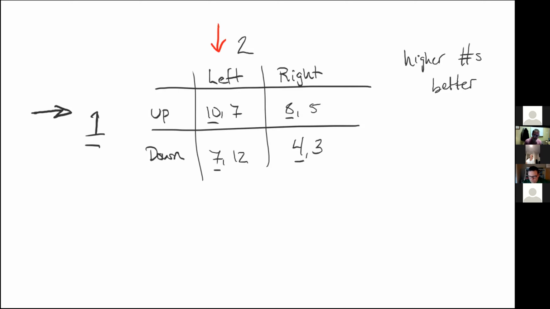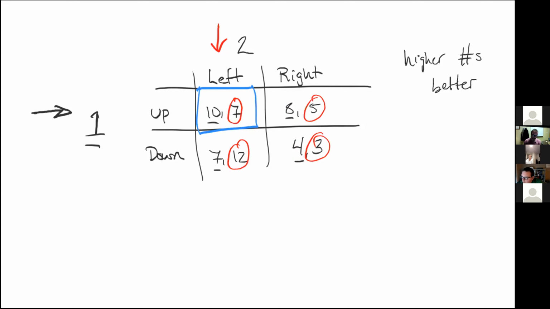So the way to tell is, for the up, you can see the 10 is bigger than the 7, so they're going to play up if player 2 plays left, and the 8 is bigger than the 4, so if player 2 plays right, player 1 is still going to play up. And then for the column player, player 2, 7 is bigger than 5, and 12 is bigger than 3, so left is always preferred. So you would end up in this box here. Is that so far so good? Okay.